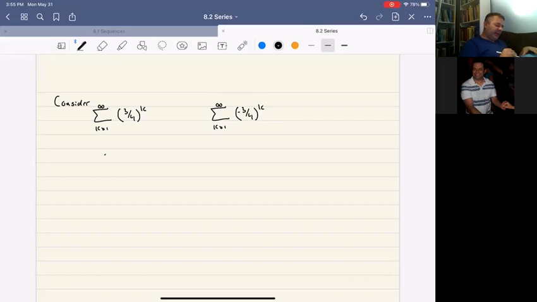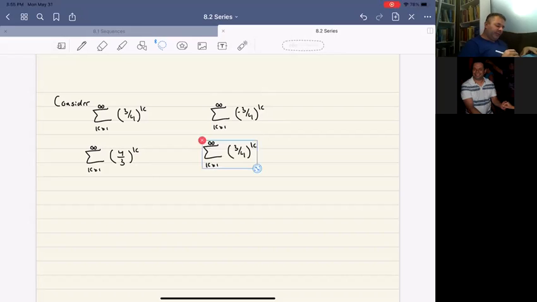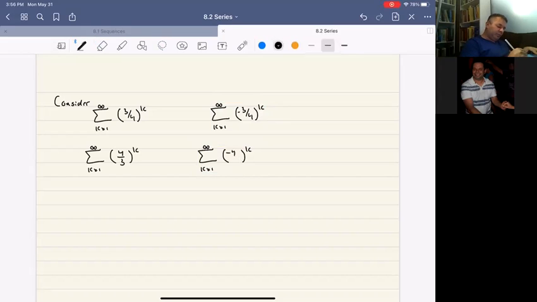Okay, let's look at, instead of 3/4, let's look at 4/3. And let's also look at negative 4/3. Okay, let me put those up here.